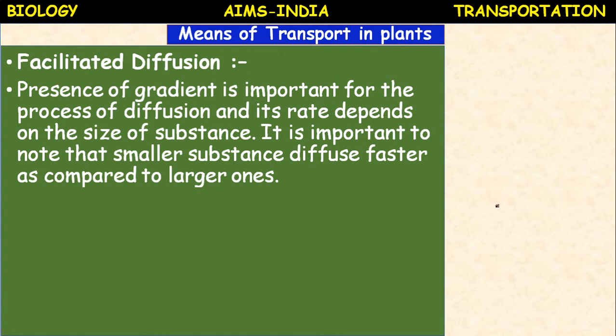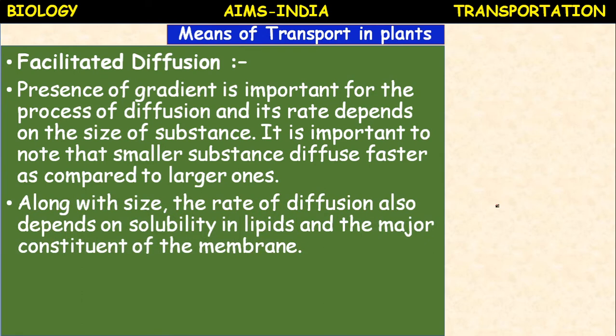This is the main concept involved in facilitated diffusion: smaller substances diffuse faster than larger ones, and the concentration gradient, high concentration to low concentration, must be present.